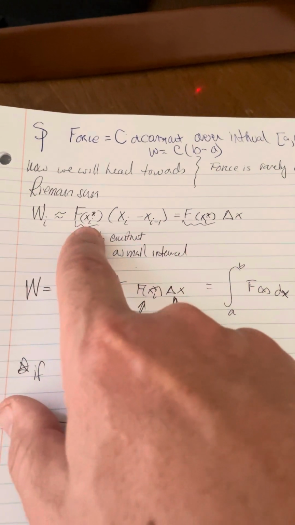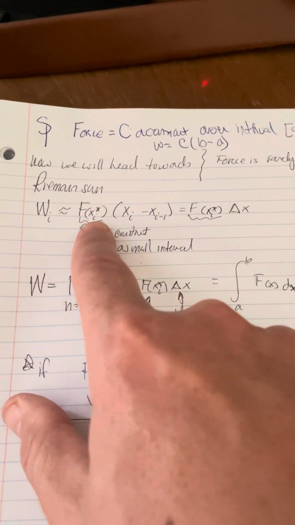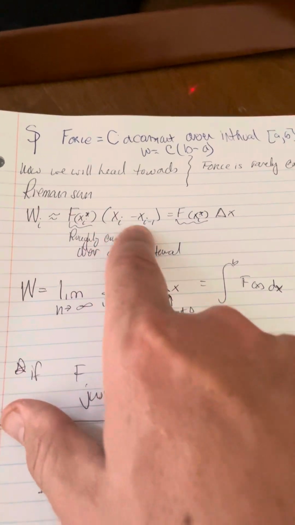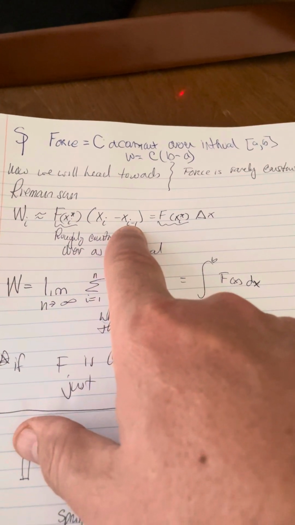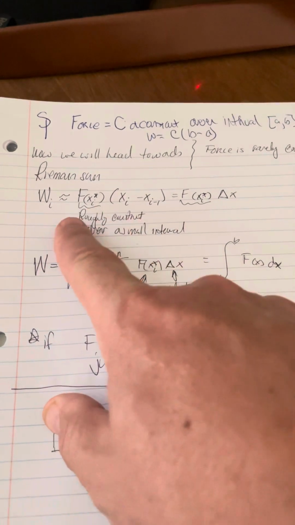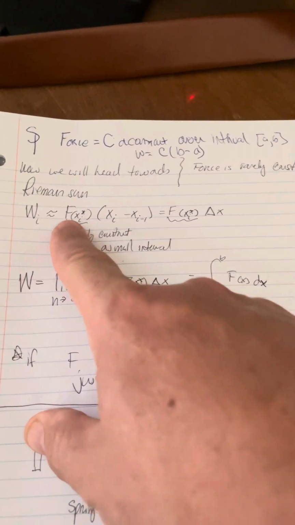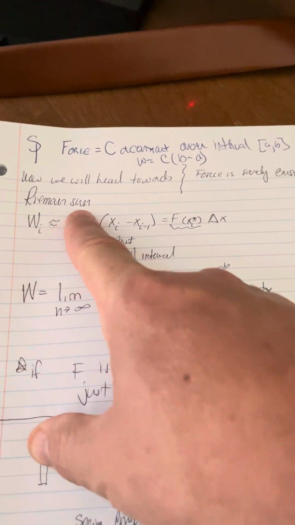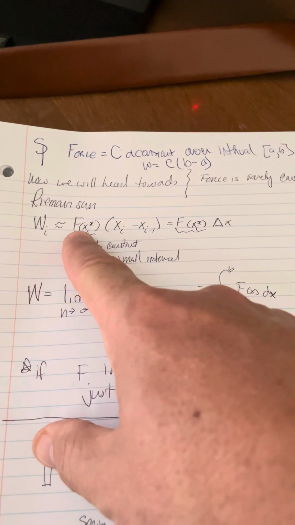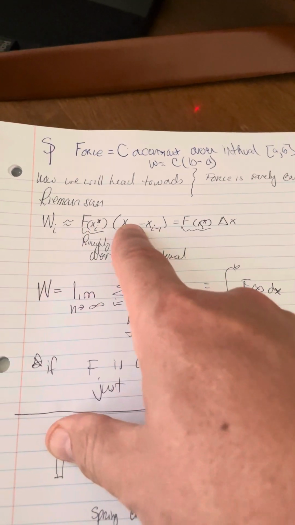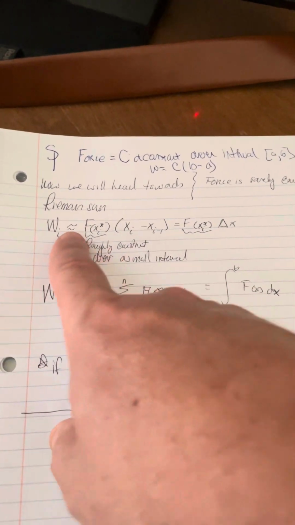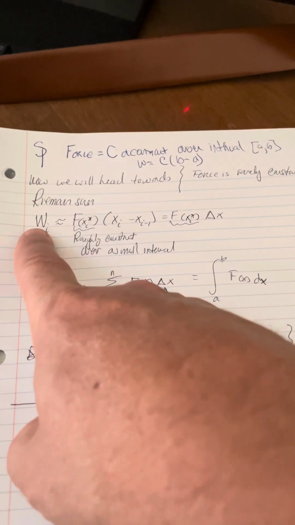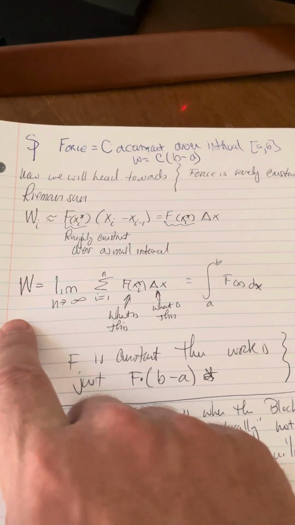Let me say the force is different here than it is here. But you can get sort of an average force, by the intermediate value theorem, and use that force over that distance. And it's going to be approximately equal to the work on the ith interval.